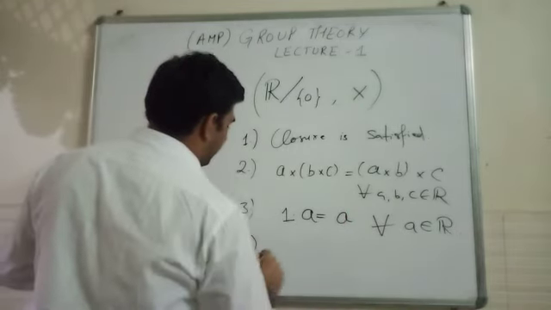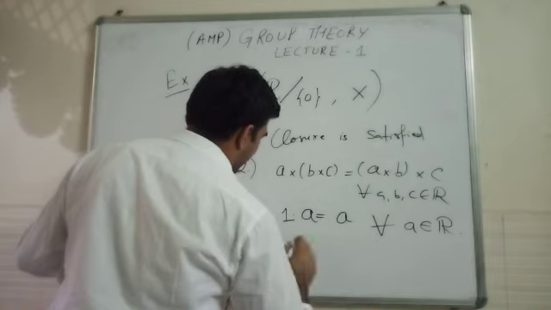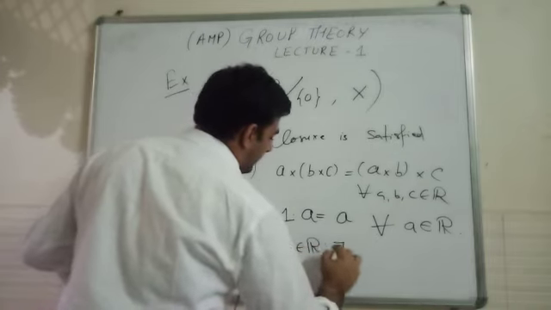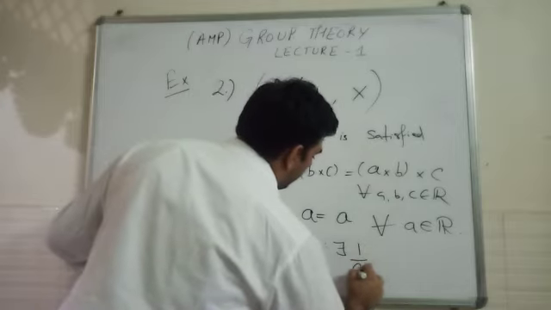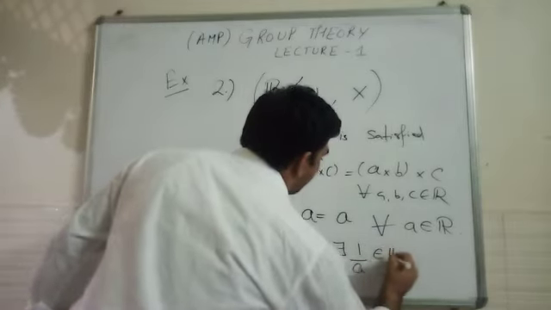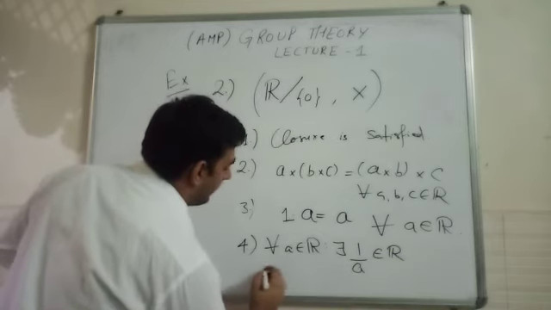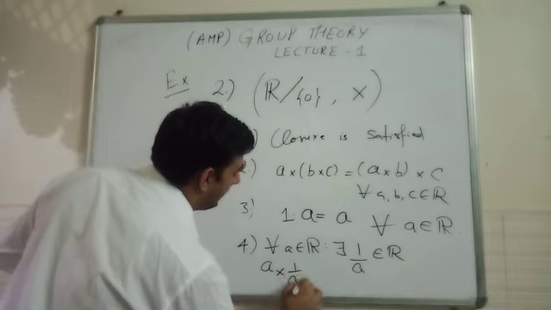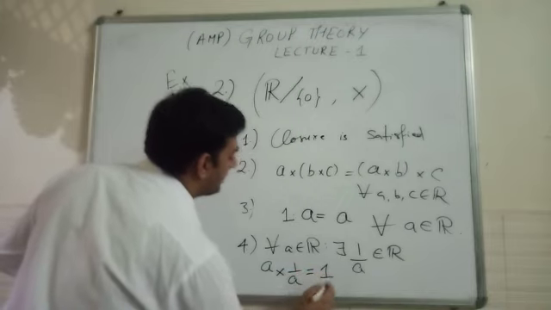So fourth is inverse. For all A in real numbers, there exists 1 over A, the reciprocal, which also lies in the real numbers, and if you multiply them, A times 1 over A is again the neutral element.